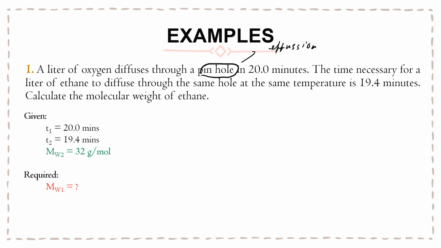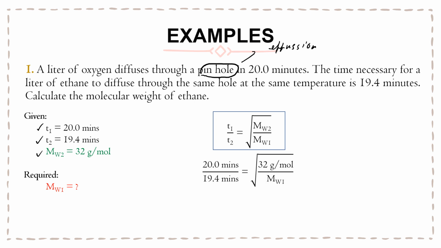Writing the given, we have T1, 20 minutes, T2, 19.4 minutes, and the molecular weight of 2, 32 grams per mole. And we have this formula that we derived earlier. Substituting everything, we can calculate the molecular weight 1, which is equal to 30.1 grams per mole.